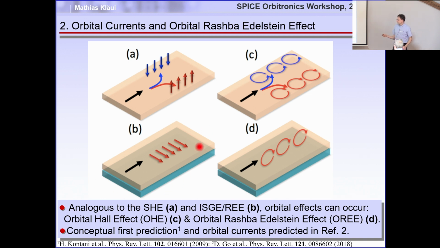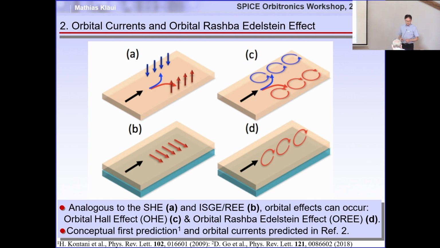And in analogy to the inverse spin galvanic effect, or the spin Rashba-Edelstein effect, that generates a non-equilibrium spin density at the interface, we can generate by the orbital Rashba-Edelstein effect a non-equilibrium orbital density at the interface. So, okay, now again, remember, we measure 2 torques, and now we already have 4 origins. So actually, there is a lot of scope for getting things wrong.